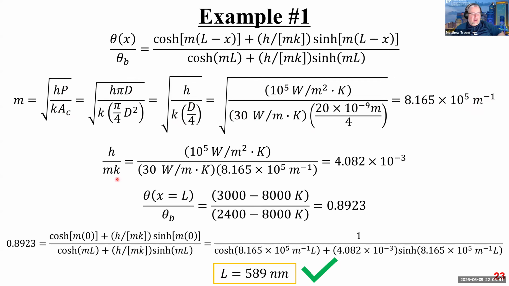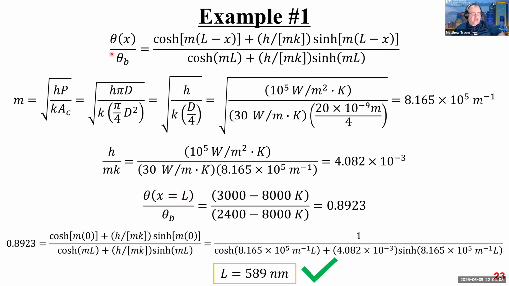And then now that I know M, I can figure out h over mk. So here I am plugging in all the known values for h and k. And here's the M that I just found. And so I get 4.082 times 10 to the minus 3. And I need this ratio of temperatures, right?